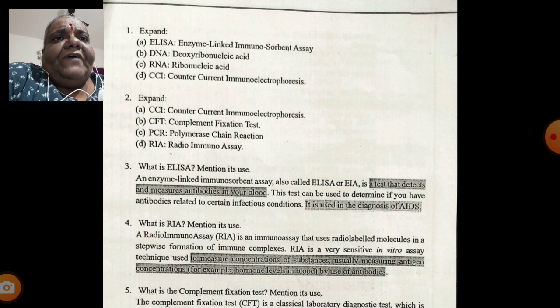It stands for enzyme linked immunosorbent assay. Be careful about the spellings, don't write wrong spellings. Enzyme linked immunosorbent assay, E-L-I-S-A. This is a technique used for diagnosis of the disease.